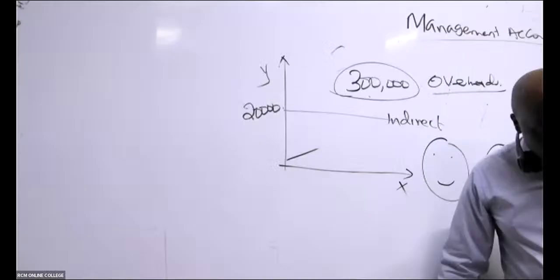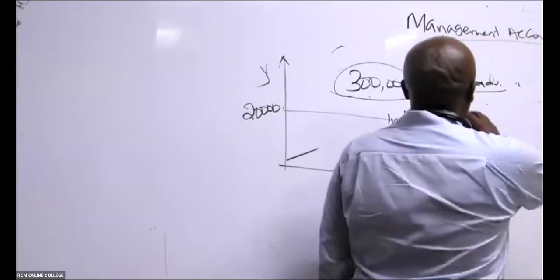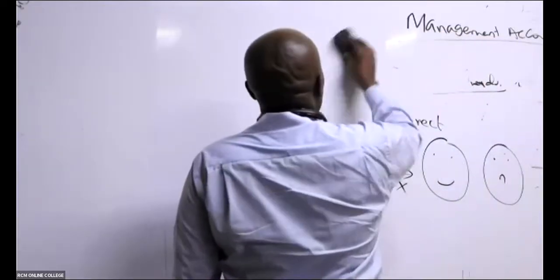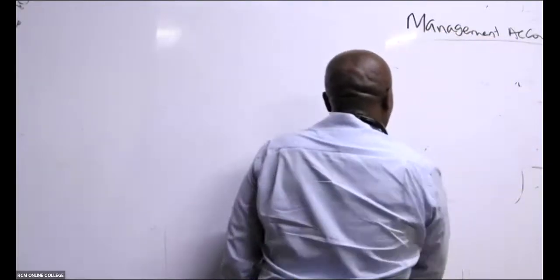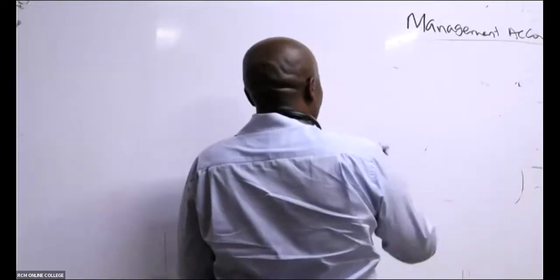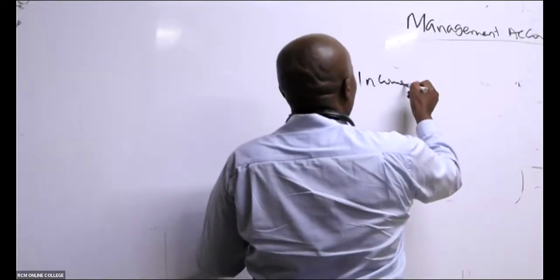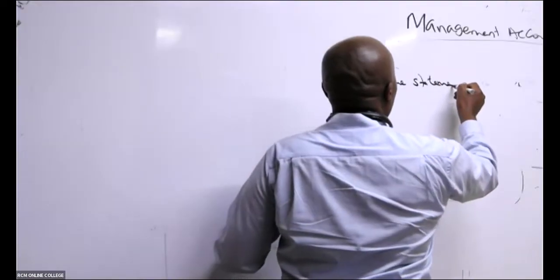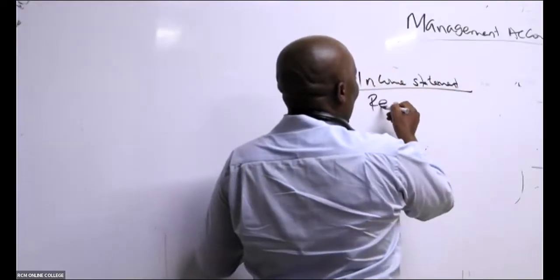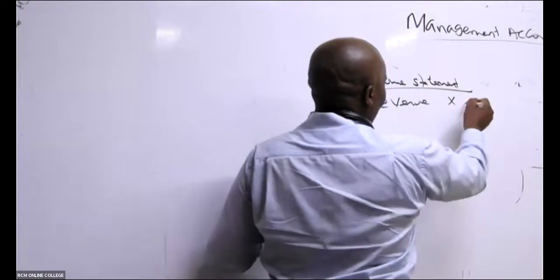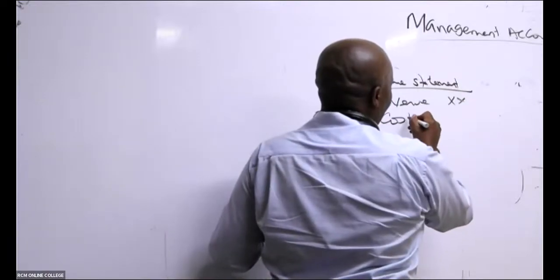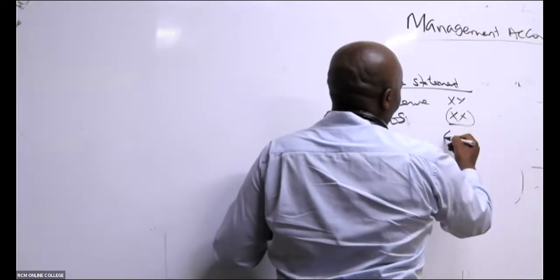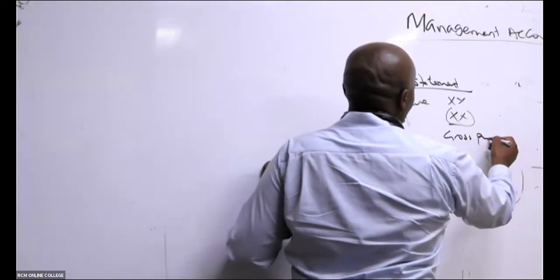Please listen to me very well. We have our income statement, or statement of comprehensive income. We start with revenue, and then we go to cost of goods sold for us to get gross profit.